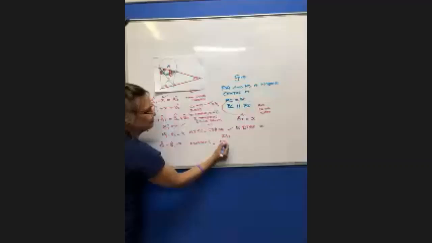Only 2 marks. We've already proved this. So equal angles, P2 equals A1 x, and therefore ABP is cyclic.